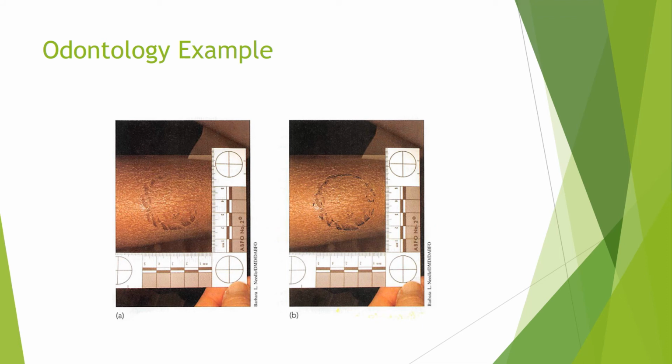One example is the picture on A, which is actually a bite mark of a victim. And number 2 is showing the suspect's sample bite mark that was taken.